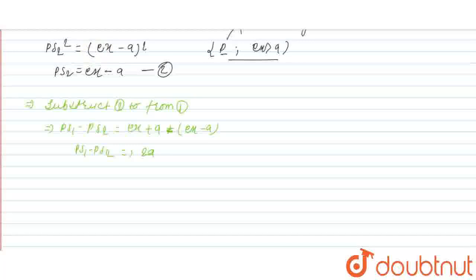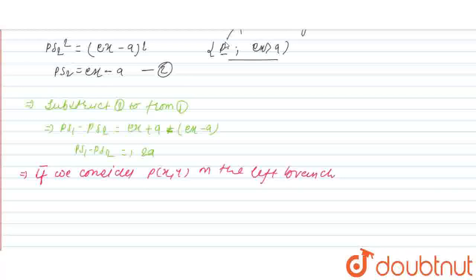Now if we consider the same point (x, y) on the left branch, whereas before we assumed it on the right branch of the hyperbola, then ex must be less than minus a, isn't it?